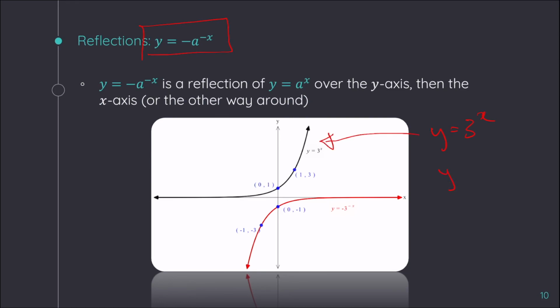Then I'm going to change that to negative 3 to the power of x, which is going to look like this, except it goes through this point. Then I change it to power of negative x, which then is going to look like that. So you flip it and you flip it over to the other side again.